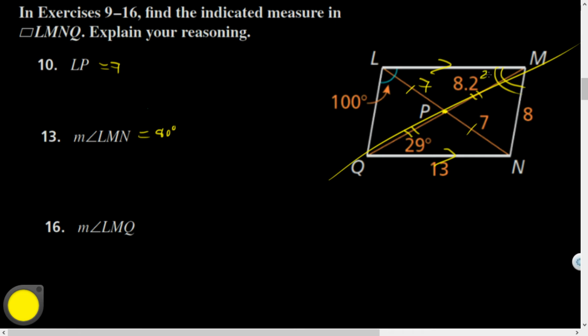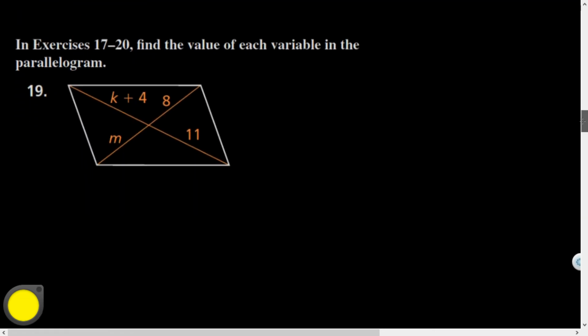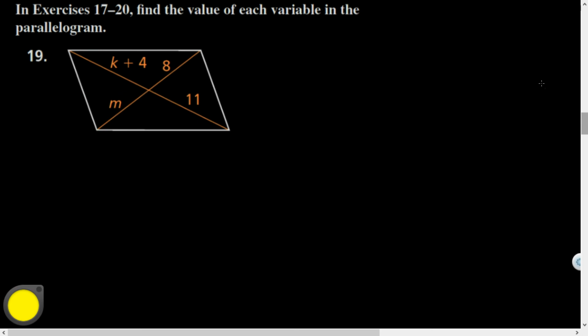It's going to be 29 degrees because of the alternate interior angles theorem. I did want to point out that the diagonals do not necessarily bisect the angles. All right, yeah, congruent.